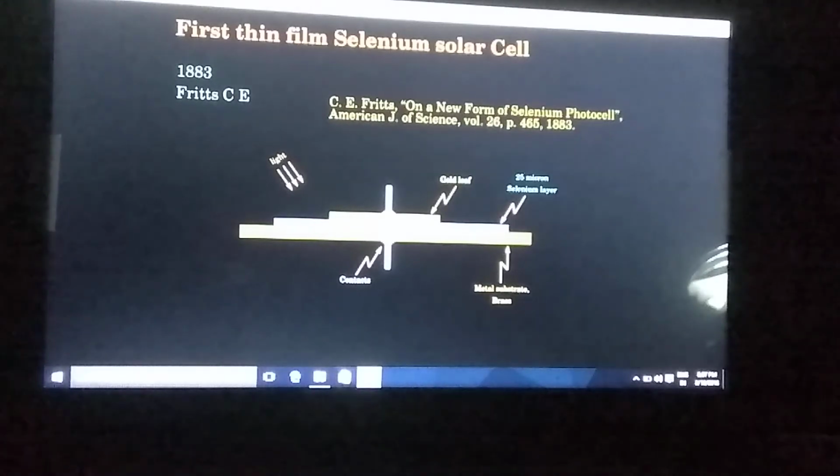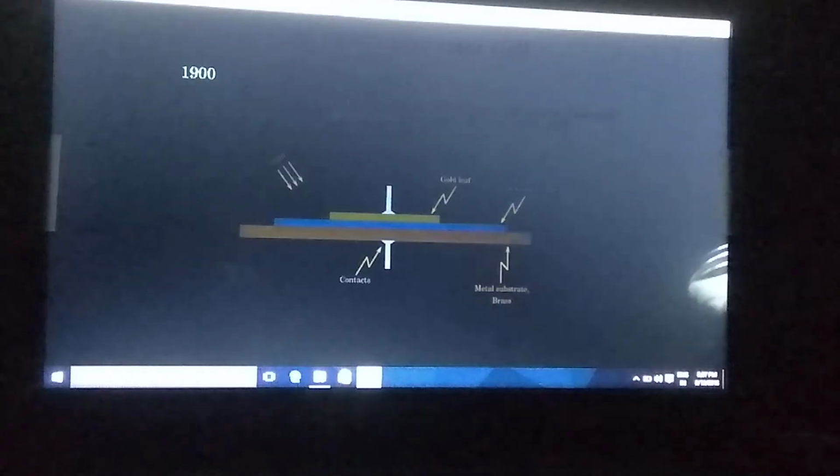Because at that time, classical physics was not able to answer the underlying theoretical principles of the operation of the solar cell. In 1900, something revolutionary happened. It was the birth of quantum mechanics.